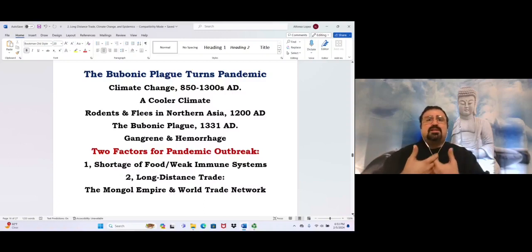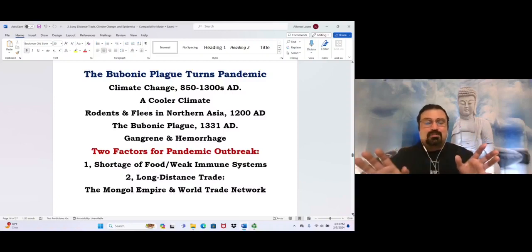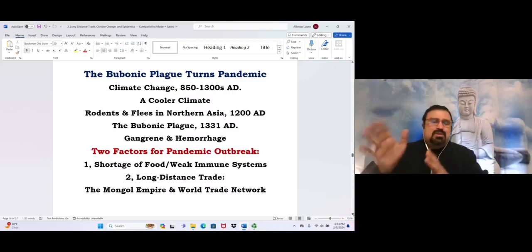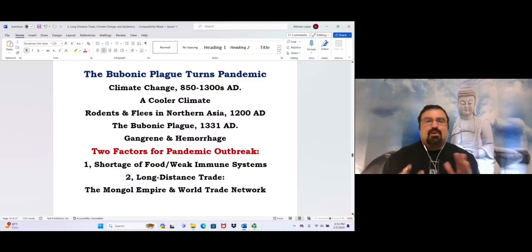And whereas in the past, it would have been something that would stay confined within the cities that were affected by the bubonic plague, now, as we're moving into this new era, again, of global networks, this is really going to turn into a pandemic, because merchants will be traveling back and forth from China to Southeast Asia by boat, carrying goods, particularly silks and ceramics and the like.